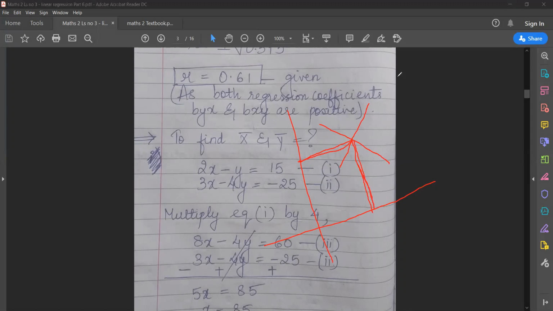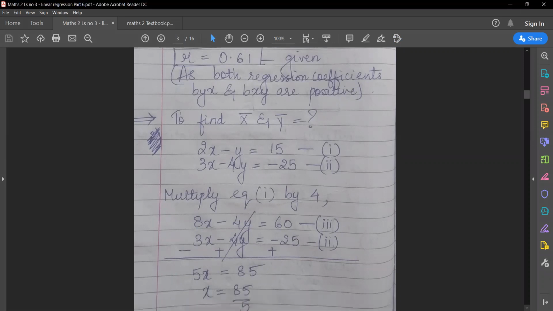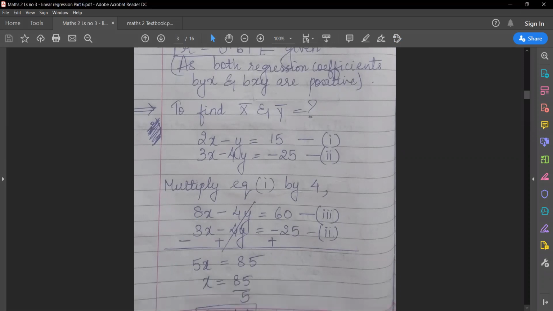Because the two regression lines intersect each other at that particular point where I will get some point of y and some point of x. And both these points will be satisfying the given equations. So whenever you have to find x bar and y bar class, always solve the two regression equations simultaneously. Okay.